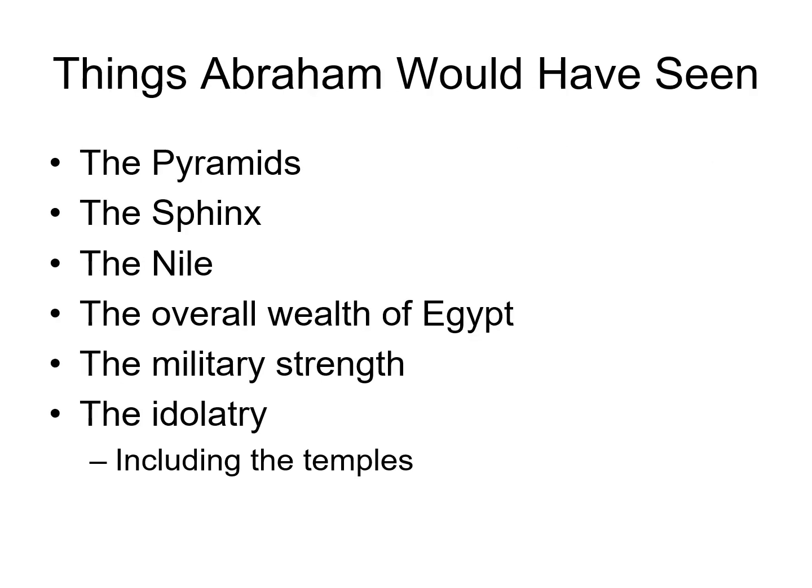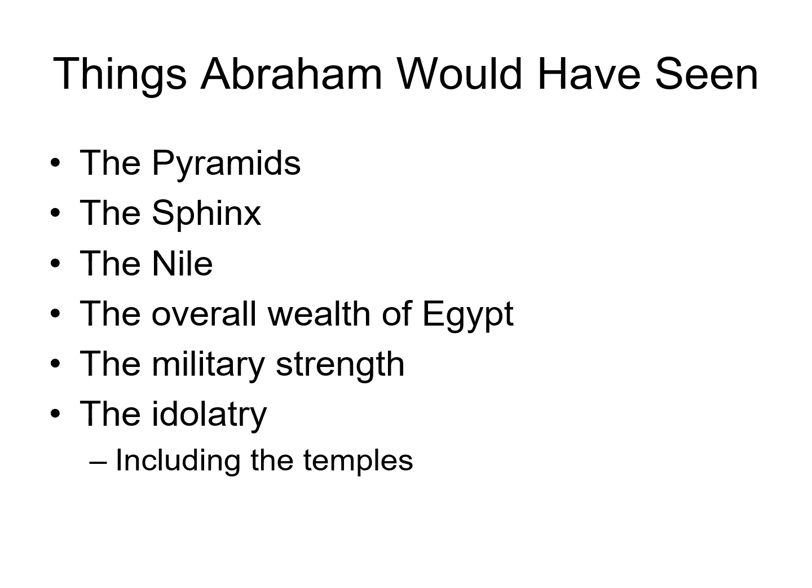So when Abraham went to Egypt, what are some of the things that he would have seen during his time there? Well, things we know that existed at this time were the pyramids. These were actually built during the Old Kingdom, so they would have been around for quite some time by the time Abraham got there. The Sphinx was built at this same time.